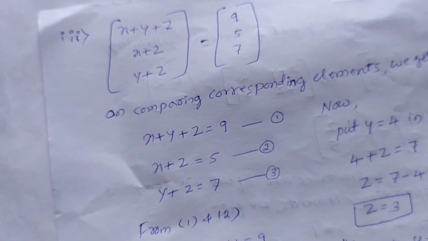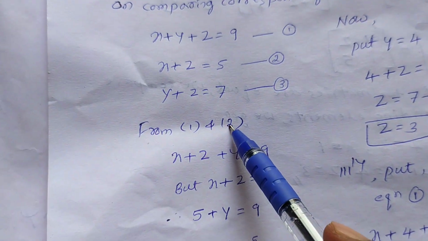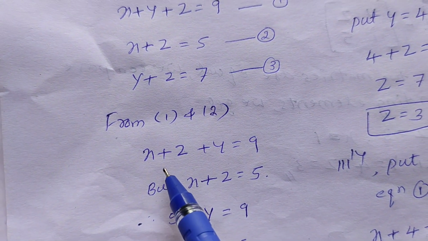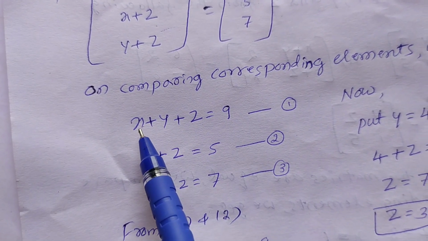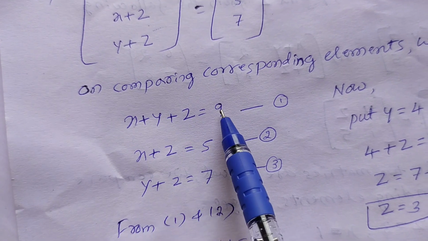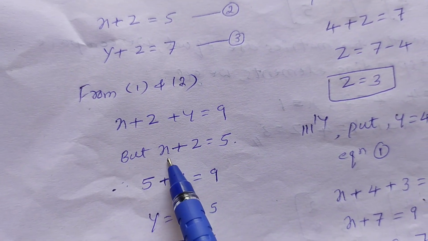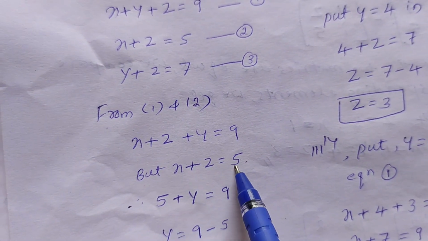See here, from equation 1 and 2 we get, we readjust the terms. X plus y plus z is equal to 9, so we write x plus z plus y is equal to 9, but we have x plus z is equal to 5.